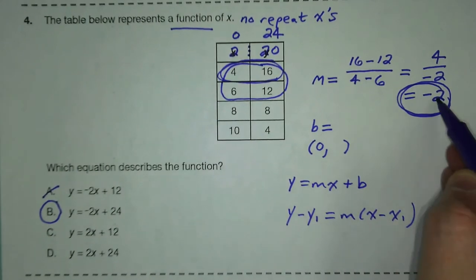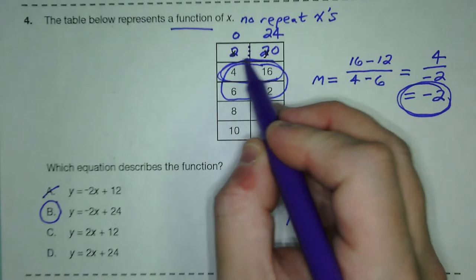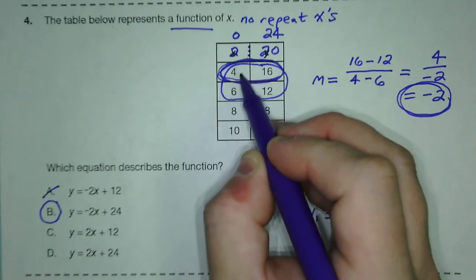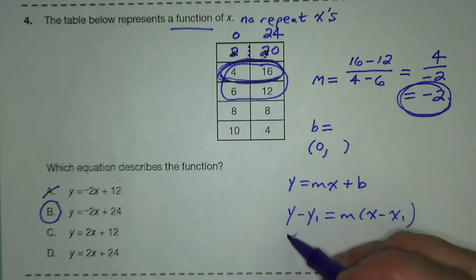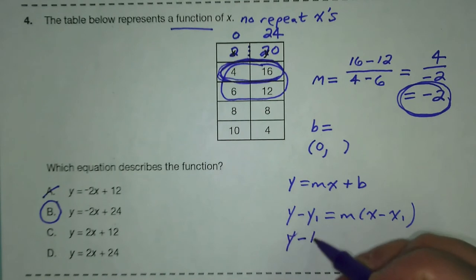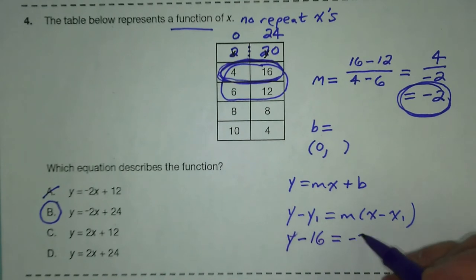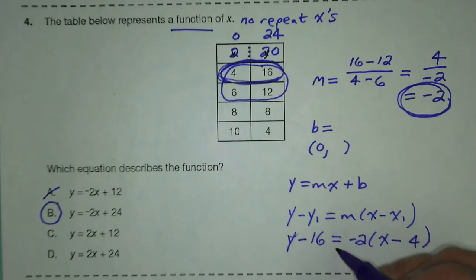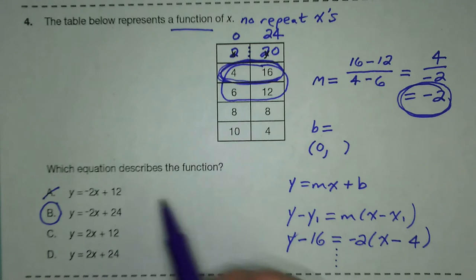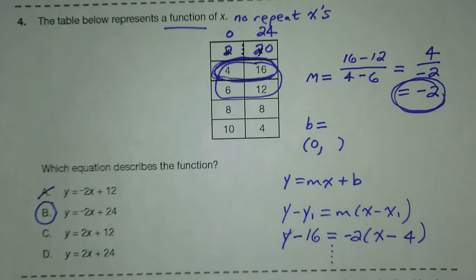You now know that m is negative 2. You have a random point of 4, 16. You could have chosen any of these, but 4, 16. y minus 16 equals negative 2 times x minus 4. And then you just keep this going like we've done 100 times, and you would end up with y equals negative 2x plus 24.